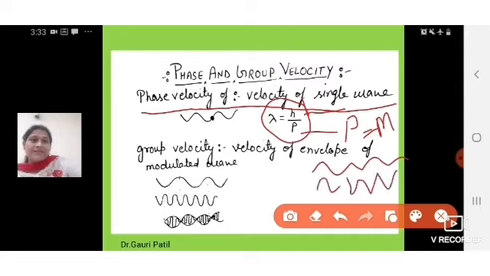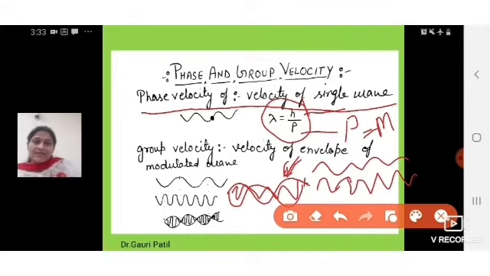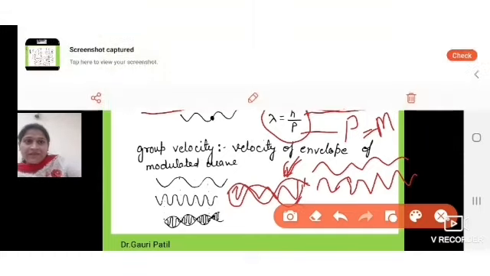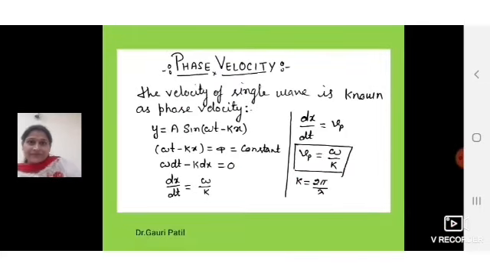These two waves get superimposed with each other, and we get an envelope like this, with waves inside this envelope. The envelope travels with the group velocity, and the wave inside this envelope travels with the phase velocity.